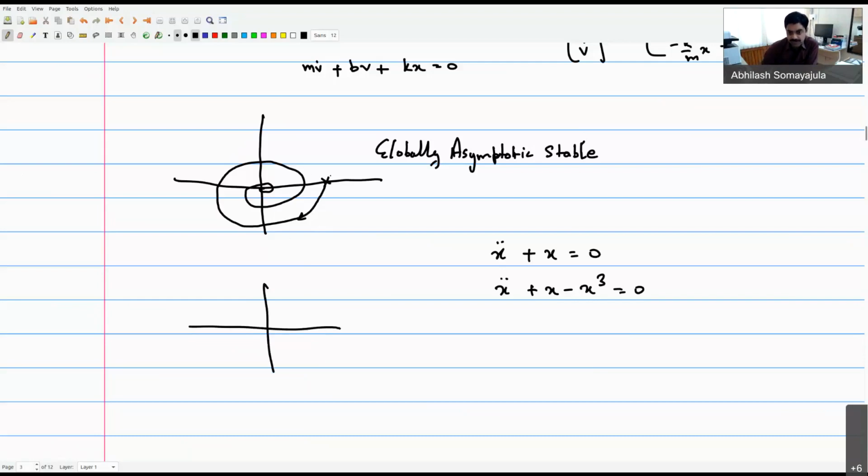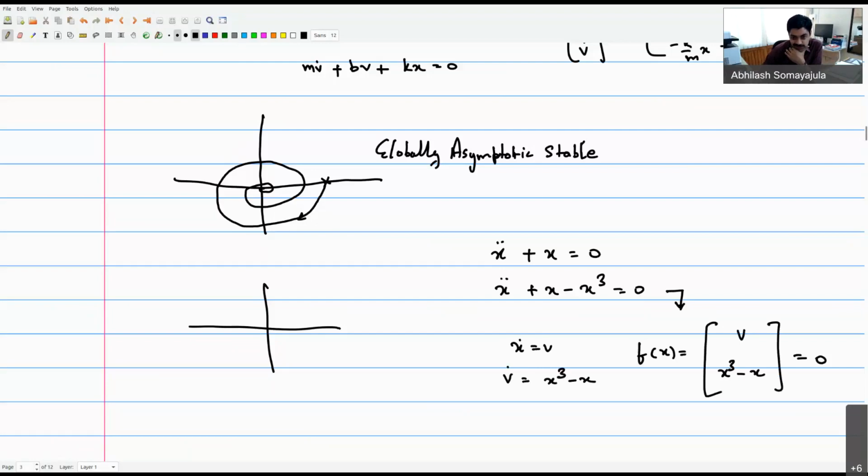How do we find out the equilibrium points? We first have to express this in a state space format. So x dot is equal to v, v dot is equal to x cube minus x. So our f of x is basically v and x cube minus x. That must be equal to 0 for me to find the equilibrium points, correct?